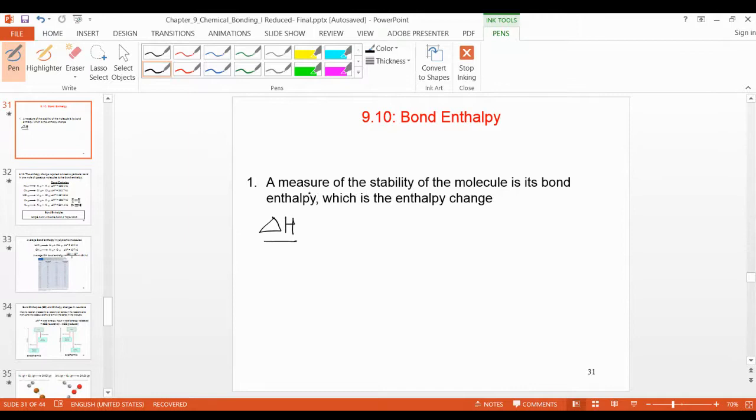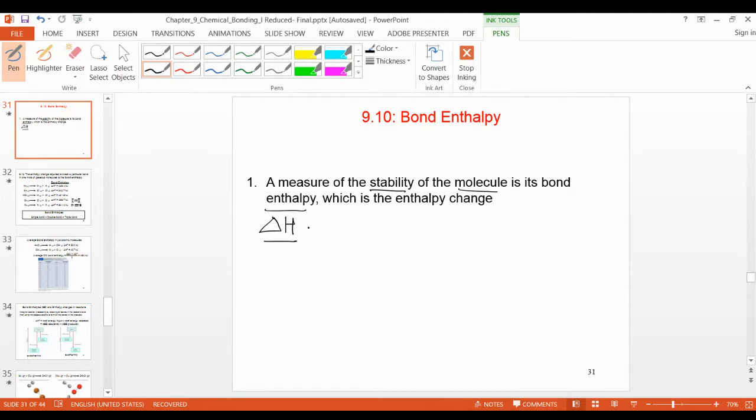It is a measure of the stability of the molecule. It is its bond enthalpy. Stability, right? It will tell you how stable the bond is. A measure of stability of the molecule is its bond enthalpy, which is the enthalpy change.